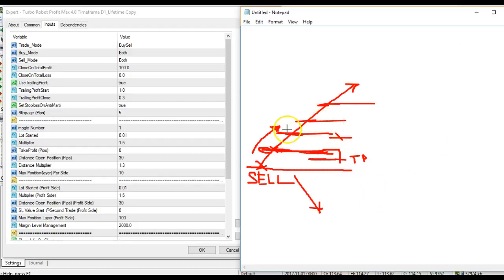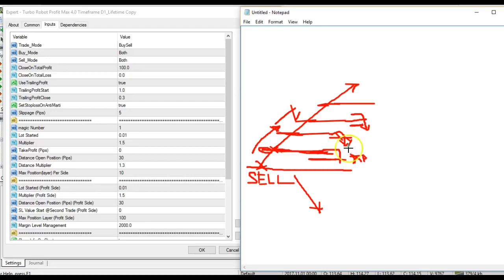It's the same case: if the TP is not hit, the market is still going up another layer, so the TP will be changed here. All the earlier TPs will be cancelled, and the TP will change here. If you calculate that, you're still gaining because your lot size here is getting higher compared to the smaller lot size. Once the market reverses back, the TP will hit, so it will be closed.